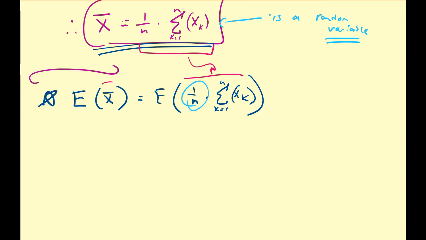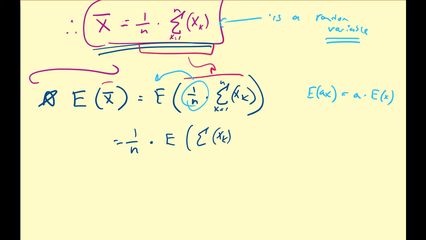Remember, n is fixed, so 1 divided by n is a constant. I can factor that outside of the expected value, because recall, the expected value of a constant times a random variable is that constant times the expected value of that random variable. So this becomes 1 divided by n times the expected value of the sum of all your random variables, where k is equal to 1 to n.